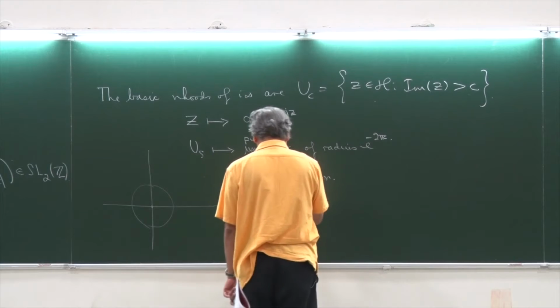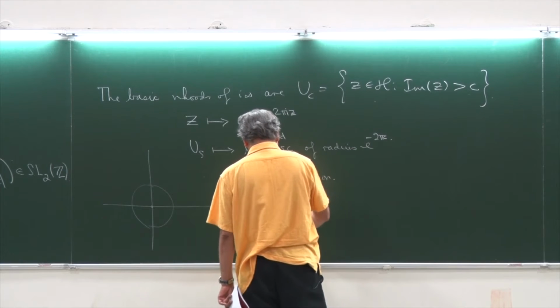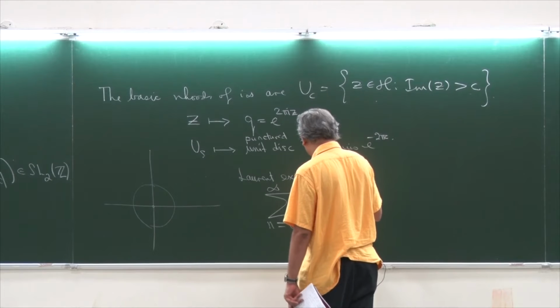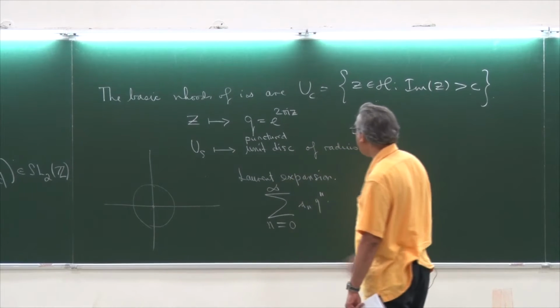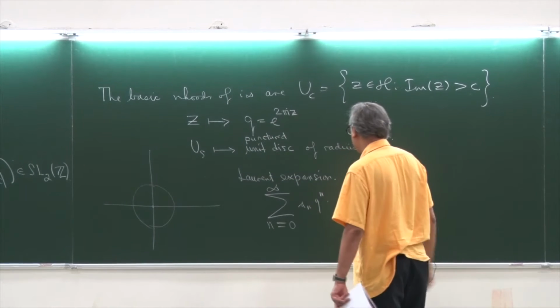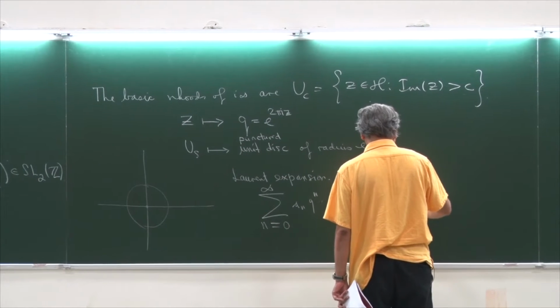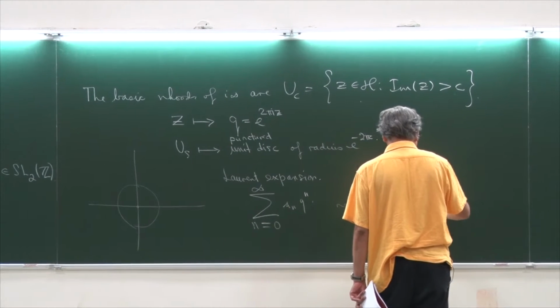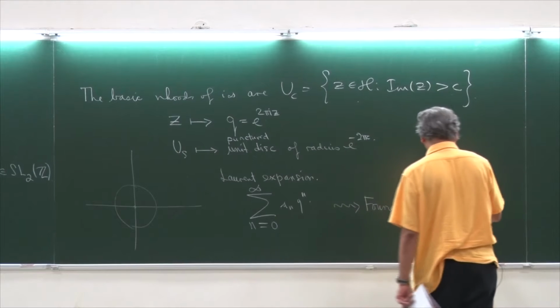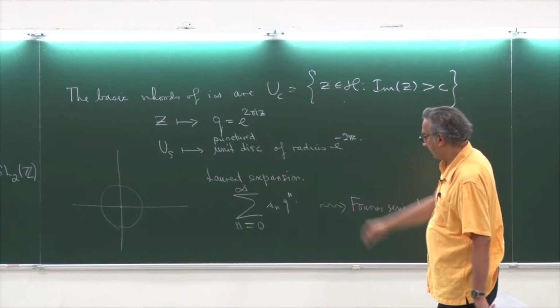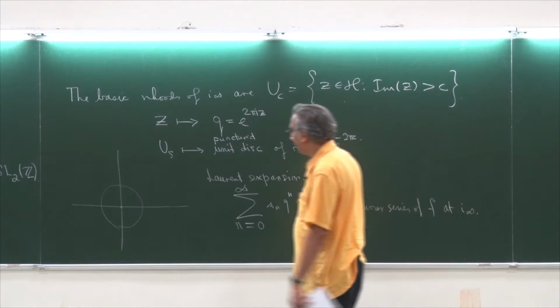Because it's holomorphic, it has to start at 0. It'll look like the sum of a_n q to the n under this mapping q. So this is what we will call the Fourier series of f at infinity.